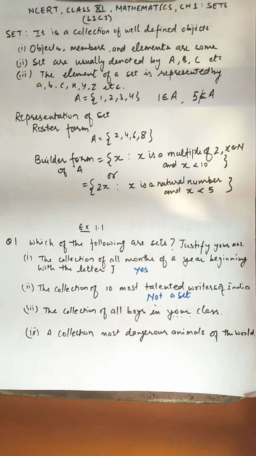But if I go to a student who is not in the same class, then he will make a list which is different. If I go to another student of another stream or class, he'll also make a list of boys of his class, and that list will be different. So this will not be a set, because the list is not unique. The list will be different for different students.